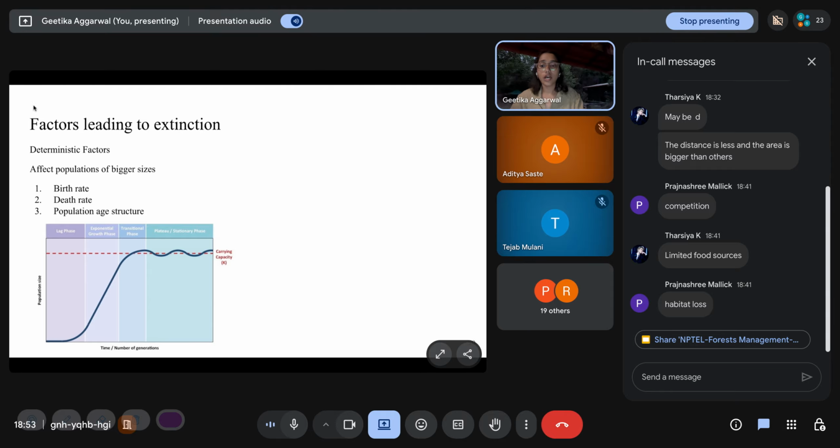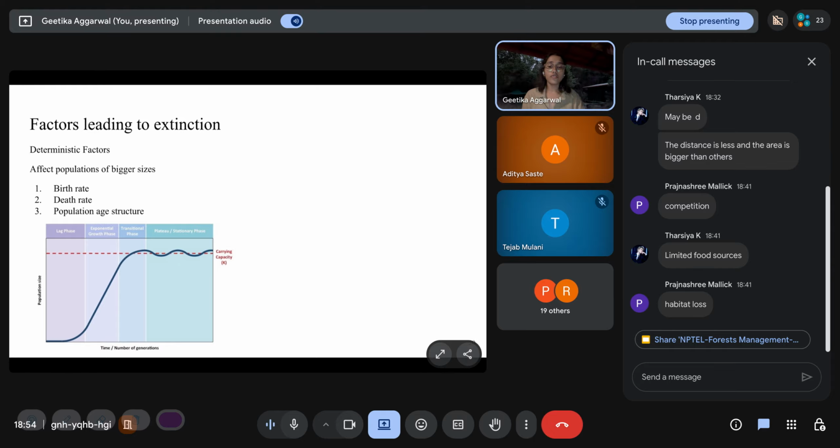Then coming to this graph, you might already be aware of it. Here we have time, in terms of number of generations, and population size. Mostly there is a lag phase in which the population numbers are starting to rise. Then it goes into a log phase, where individuals start multiplying faster and faster.